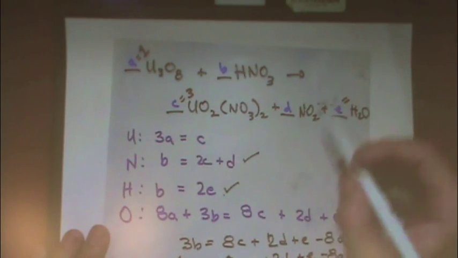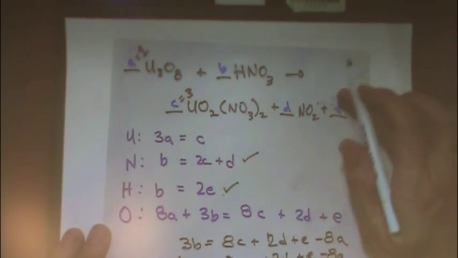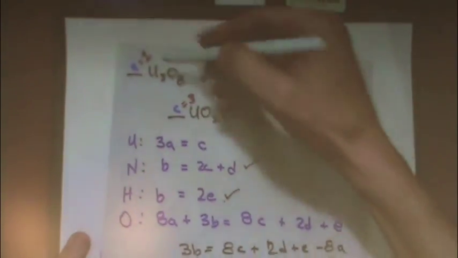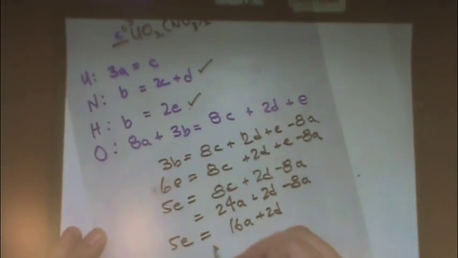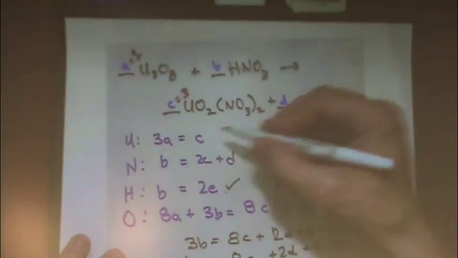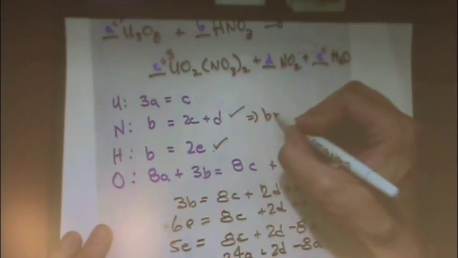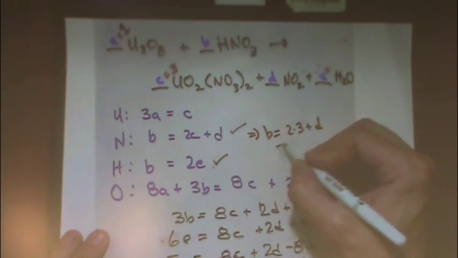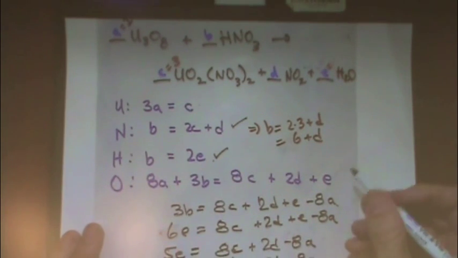If B, oh, yeah, we don't know B yet. I'm going a little crazy here. Okay, but if A is 1, and I know C, oh yeah, C is 3A. So this one I could say B equals 2C, 2 times 3 plus D, or it's 6 plus D.